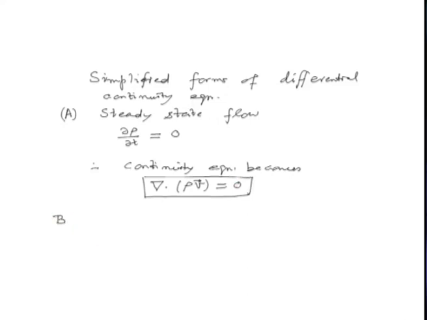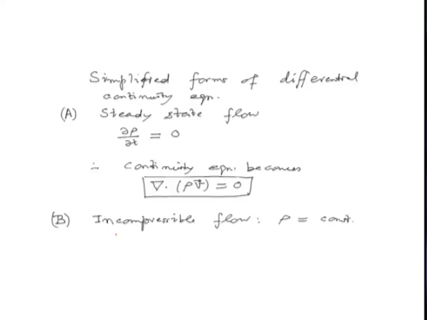The second simplification could occur if we assume density to be constant, that is the case of incompressible flow, that is our rho is constant.